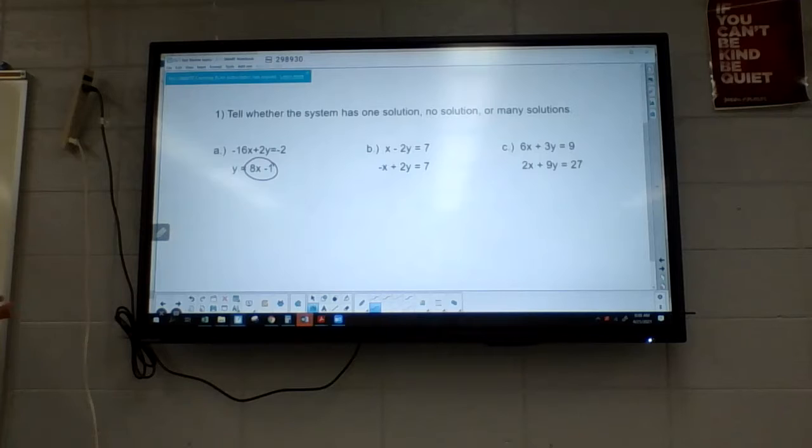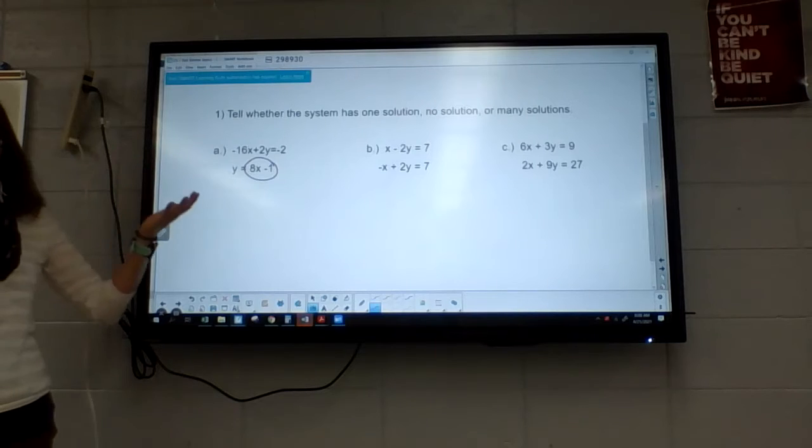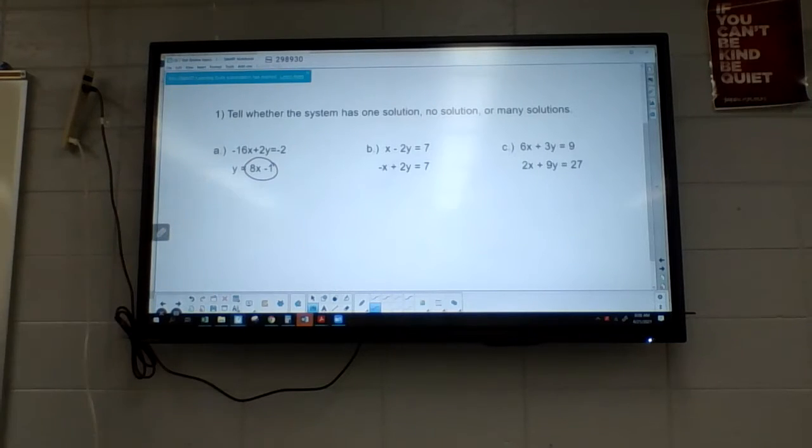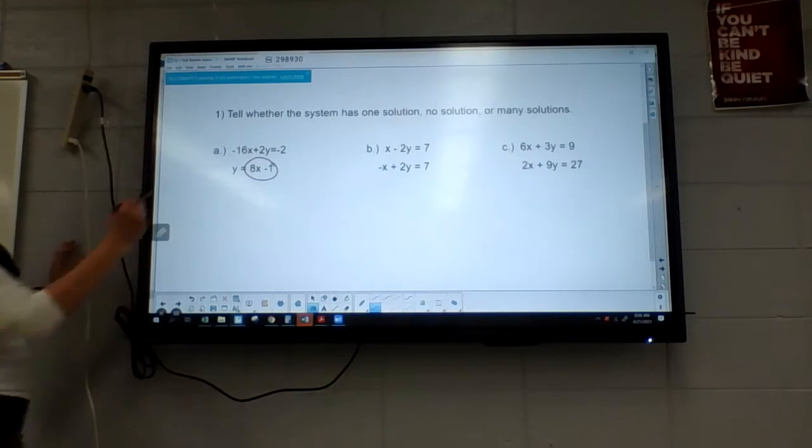It wouldn't be a good one for elimination, because everything is not nicely lined up, unless I wanted to rearrange things. I guess you could do that, but this is nice because y is already alone. I could probably graph this one as well, but the top equation would have been a pain to get into slope-intercept form. So we're going to substitute here.